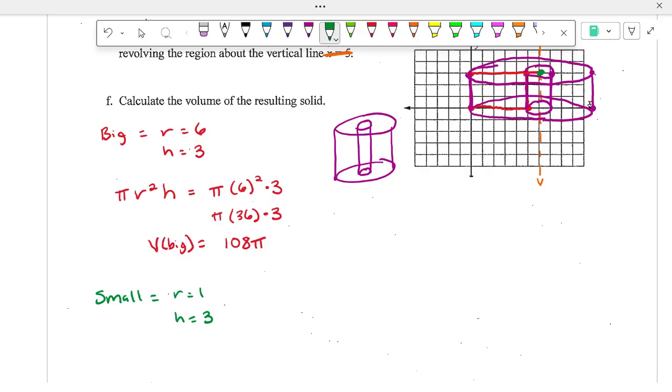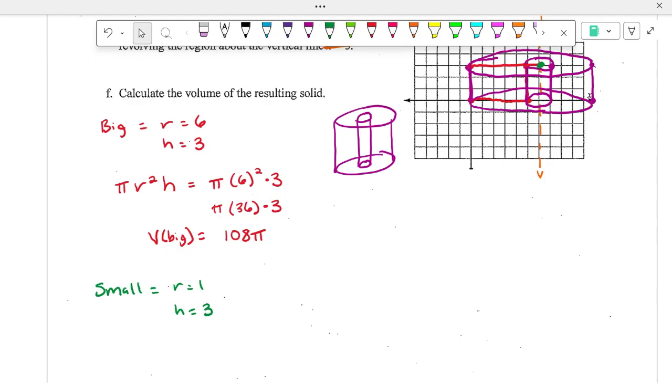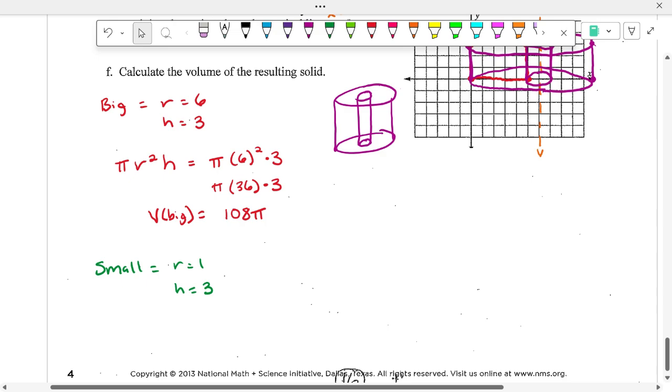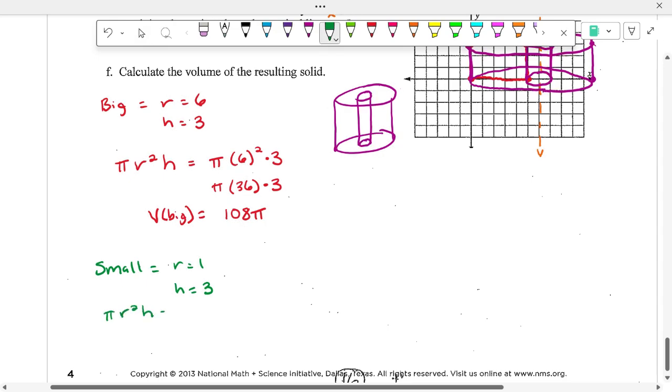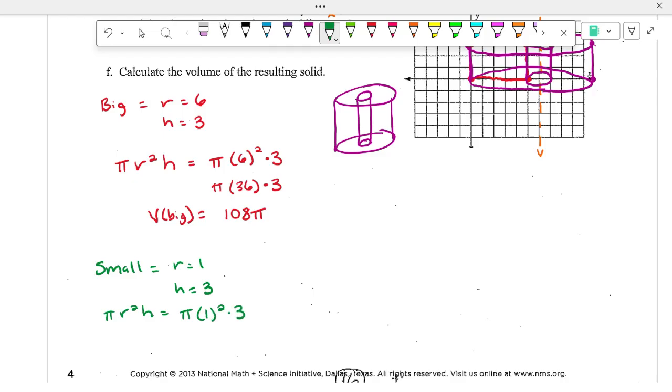So if radius is 1 and height's 3, I'm going to put it in my formula. Pi r squared h is equal to pi times 1 squared times 3. So this would be pi times 1 times 3. So the volume of the small cylinder would just be 3 pi.